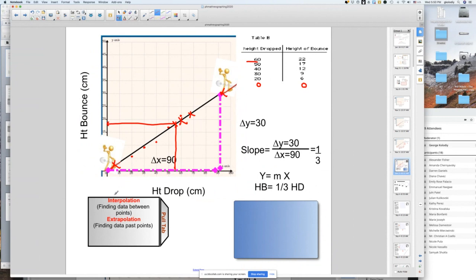This is called interpolation, finding the data between points. Extrapolation is finding the data past the last point. For example, we never dropped it from 100, did we? But again, you can go past the point here, and 100 would be right over here. So height of bounce would be about 32. That's called extrapolation.